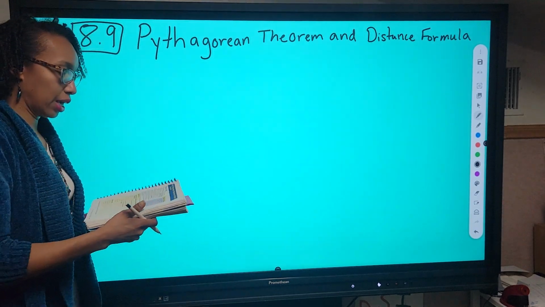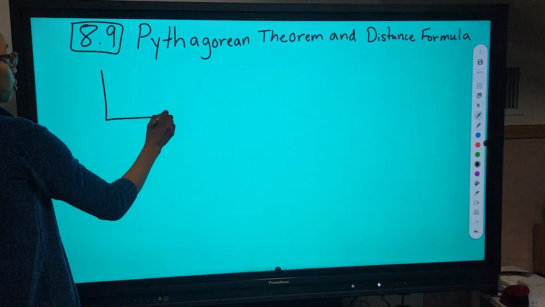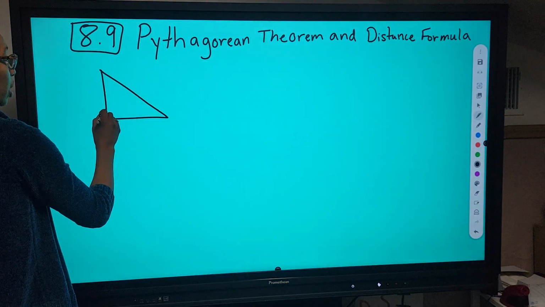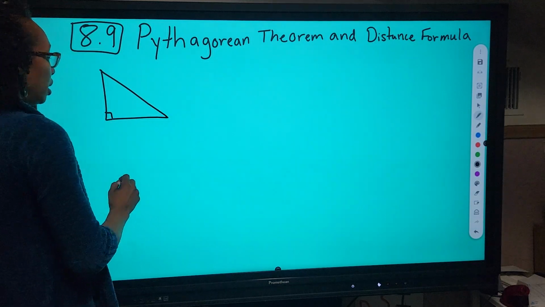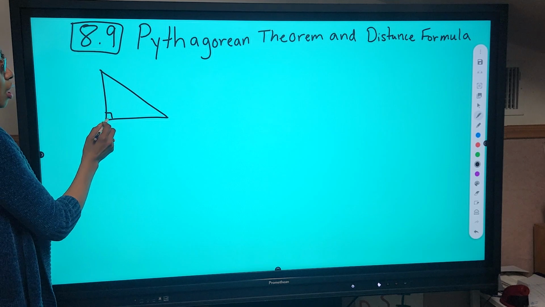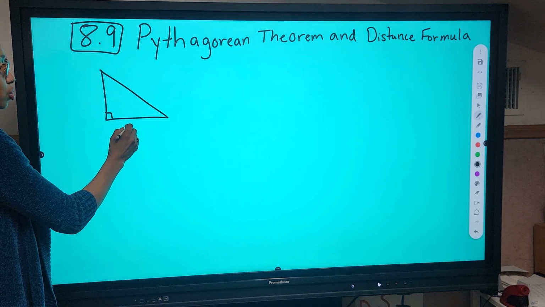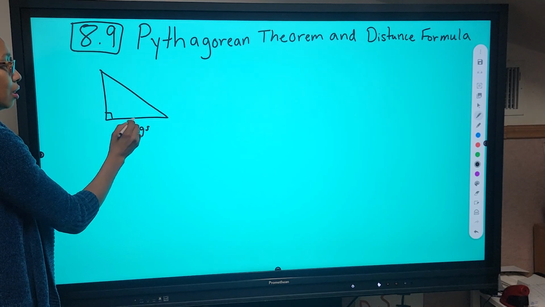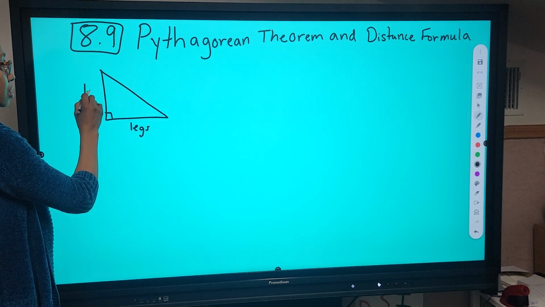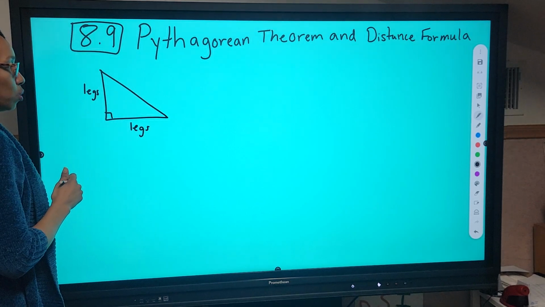All right, let's first recap the Pythagorean theorem. The Pythagorean theorem is used for solving right triangles. On a right triangle, obviously we have the right angle in the corner. The two sides that are not the longest are referred to as legs, and they don't have to be the same size. Mine just look the same length, but they can be the same or not the same.